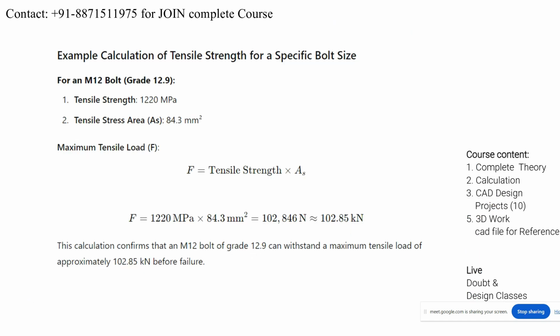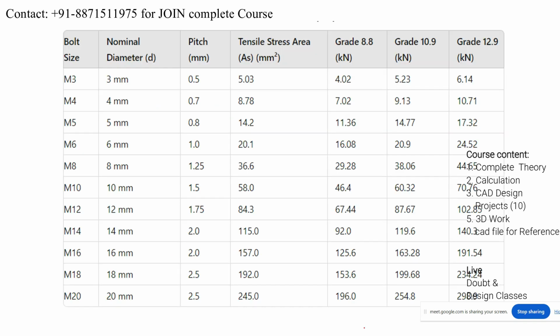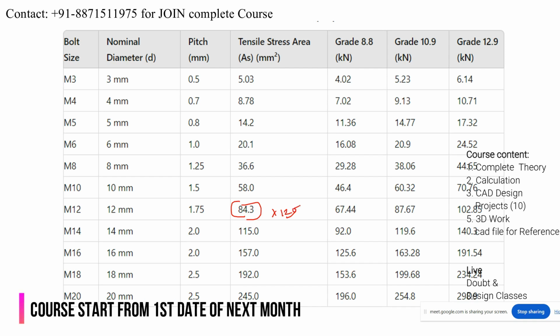See the example calculation of tensile strength for a specific bolt. For example, I am taking the M12 bolt. Here you can see the tensile strength and this is the tensile stress area, as in the previous slide. This is the table for your reference. This is the tensile area multiplied by 1200. What will you get? You will get this value.